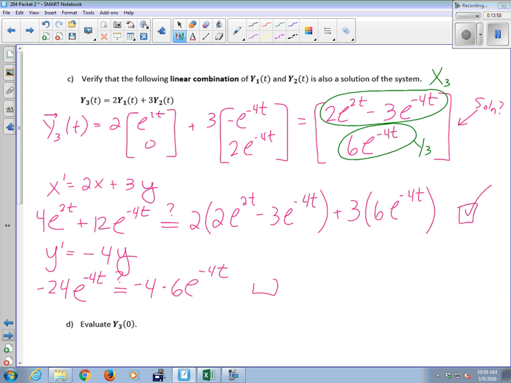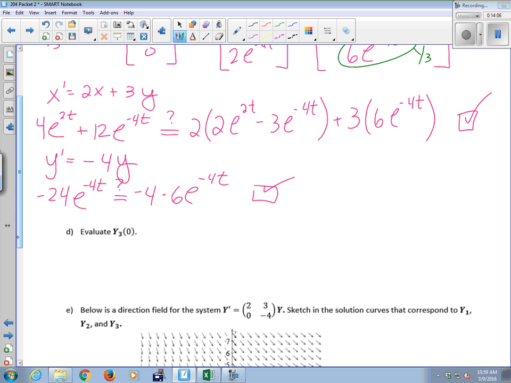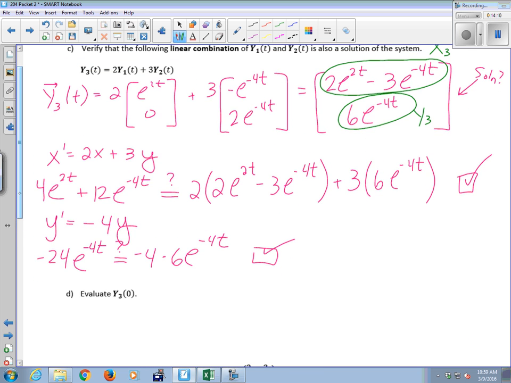Okay. So we verified it's a solution. Now I want to evaluate y3 of 0. That just means plug in 0 for t. So if I plug a 0 into my y3, what I found up here, I'm going to get 2 minus 3 is negative 1, negative 1, 6.